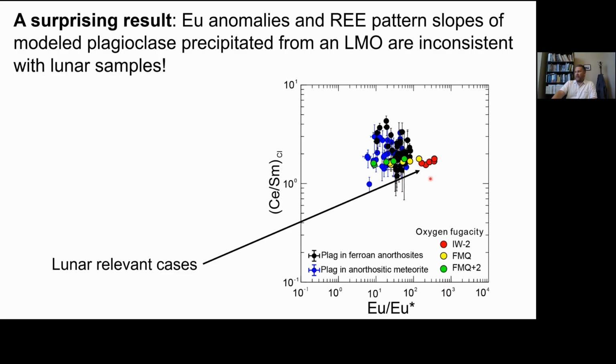And you see that for that case, the predicted plagioclase have much larger europium anomalies than the distribution of samples. And then, of course, the pattern slopes of those plagioclase, they overlap a small number of the data, but the majority of the data have steeper pattern slopes than these predictions.